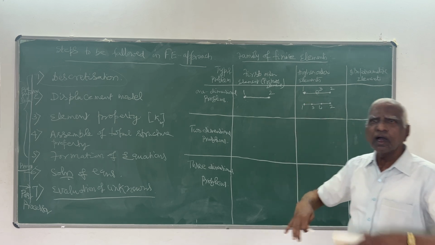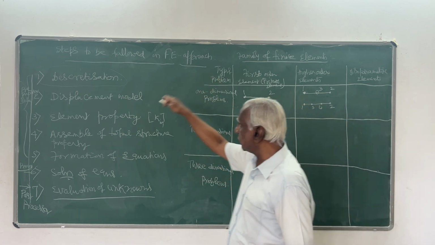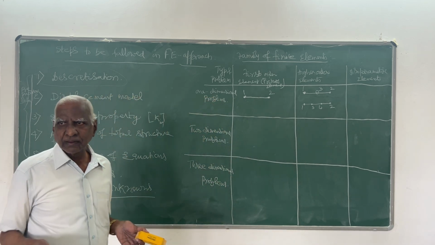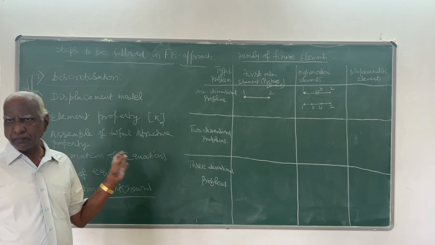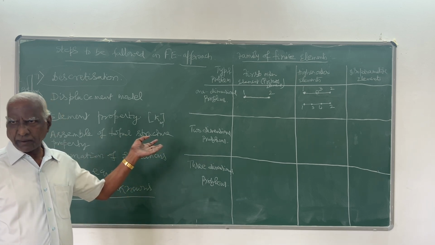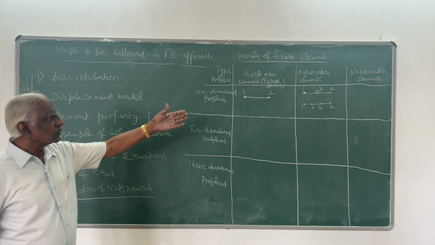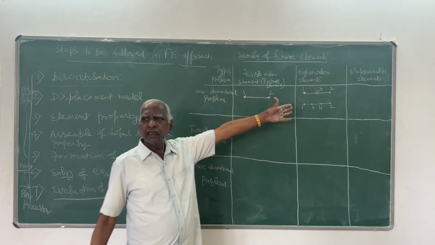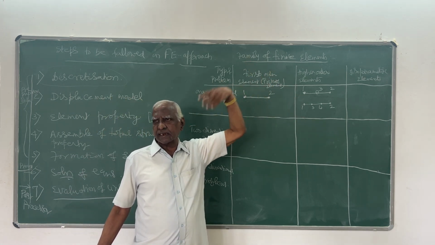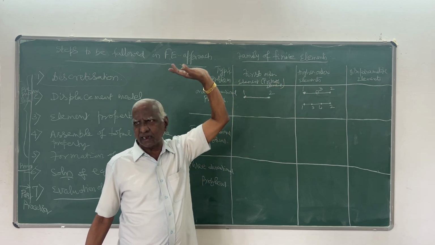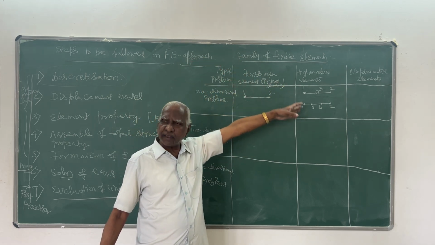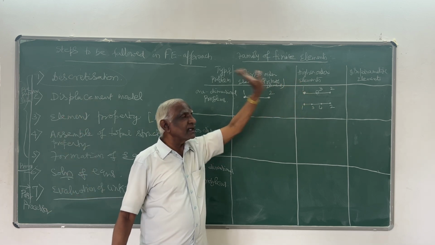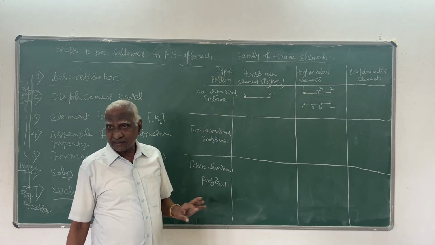These are all called higher order elements, because your displacement model will be of different degree. So usually polynomial equation is used to represent the displacement model. So here it is only a linear polynomial. Here it will be higher order polynomials, second degree, third degree, nth degree, like that. So when you have higher order polynomials for defining the displacement model, it is called higher order elements.